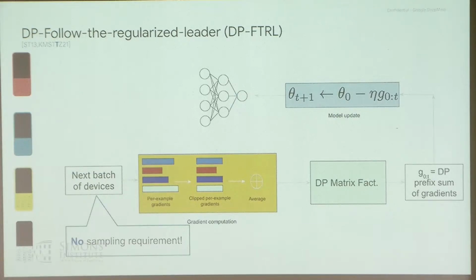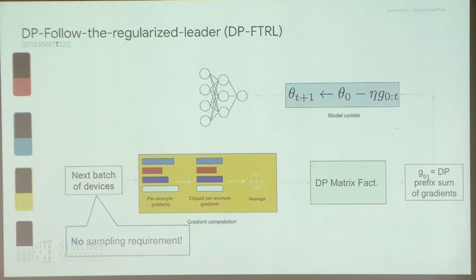So we came up with this algorithm called DP-follow-the-regularized-leader. The initial version was from a paper of mine with Adam Smith, and then in 2021 we gave a more refined version in Kairouz et al. The idea is that here you don't have amplification at all.